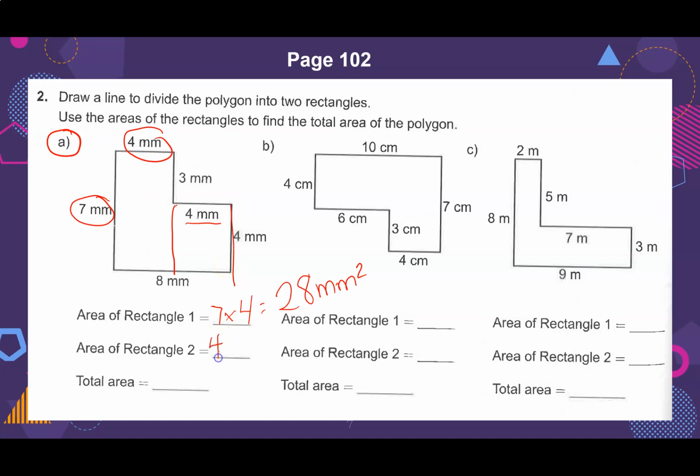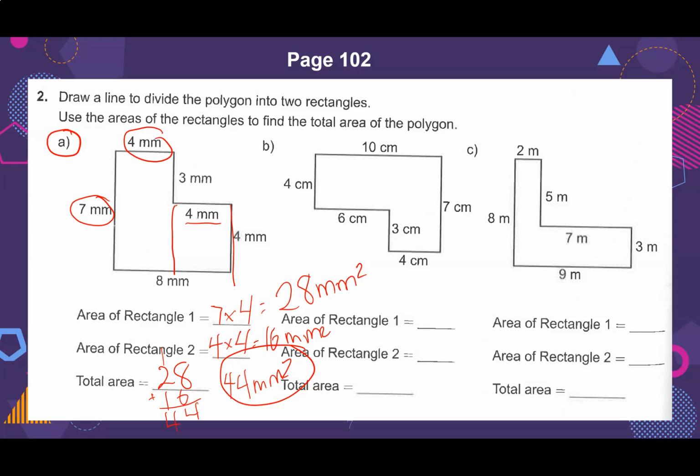The area is 4 times 4, or 16 millimeters squared. That means that the total area is 28 plus 16. 8 plus 6 is 14. Carry the 1. 1 plus 2 plus 1 is 4. So the total area is 44 millimeters squared.